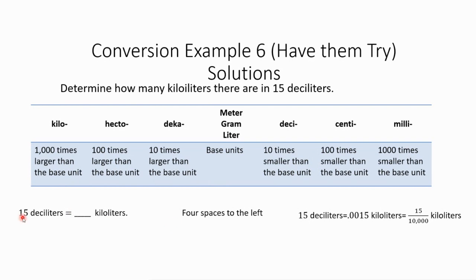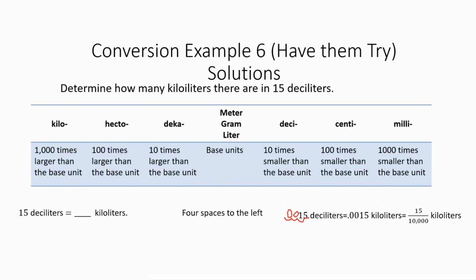Let me draw it out with a marker, whatever you call this thing. You look at 15 and move the decimal 1, 2, 3. For the empty space, remember, you have to put a 0. And 4. And that's how we get 0.0015 kiloliters.